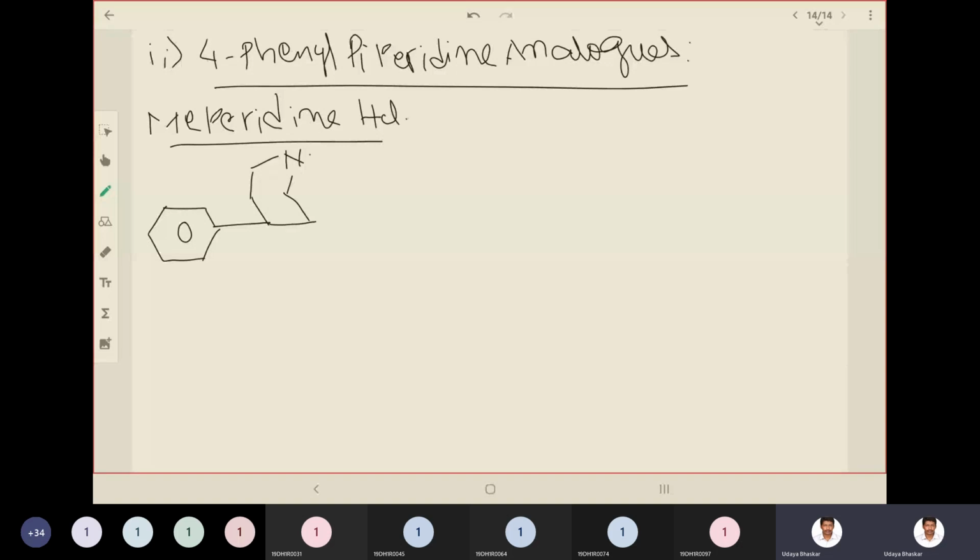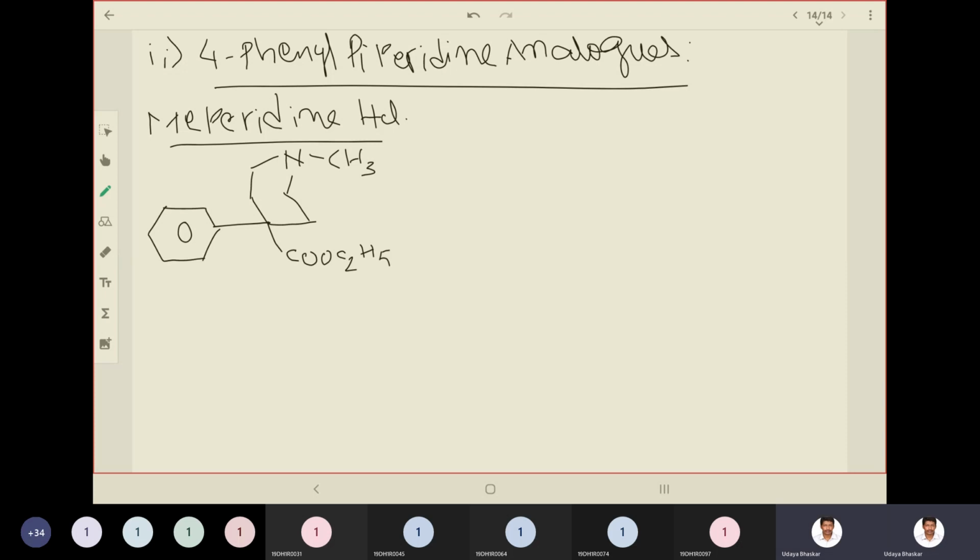To this nitrogen, you have a methyl group, and here you have a substituent, COOC2H5. So this is the structure of meperidine.